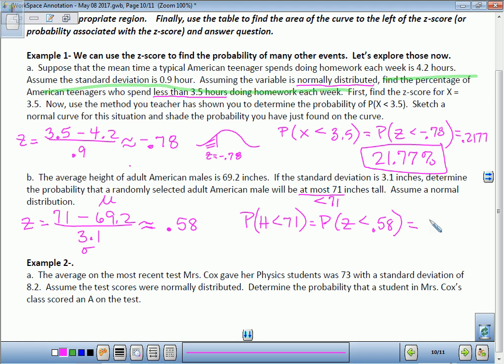That's the 0.7190. And so that is the answer to the question. The probability that a height of a randomly selected adult male is less than 71 inches tall, that probability is fairly high. 0.719.